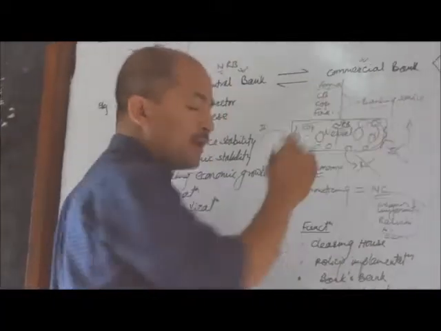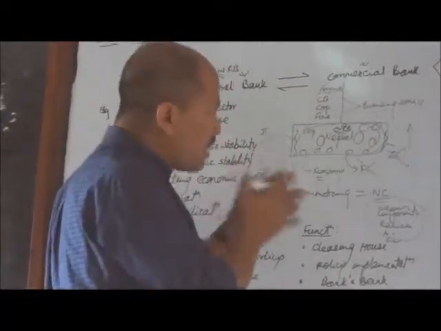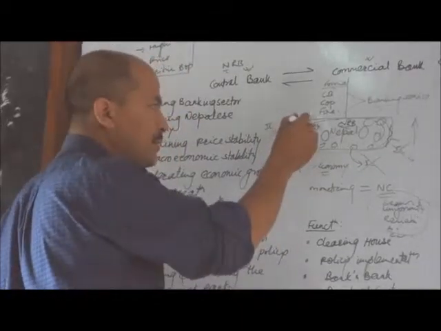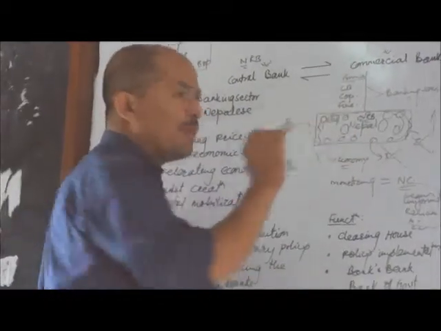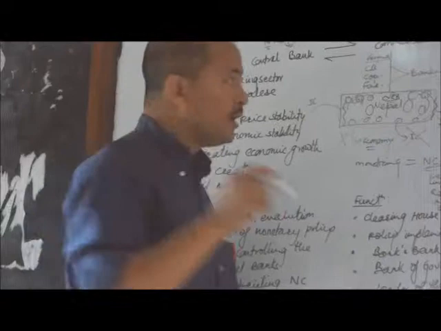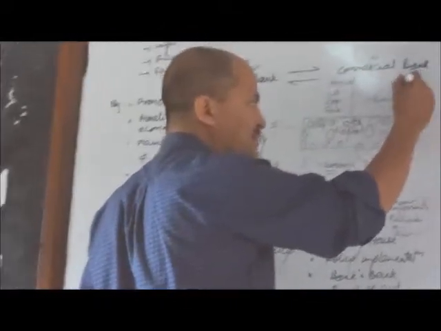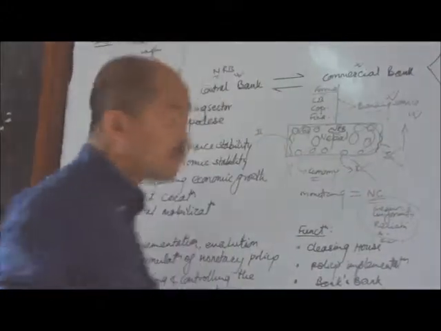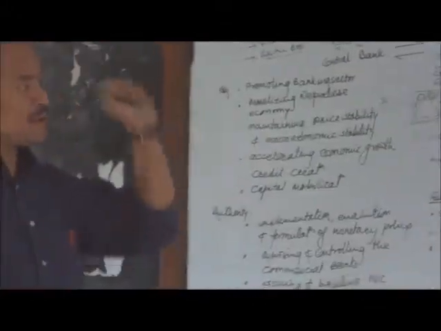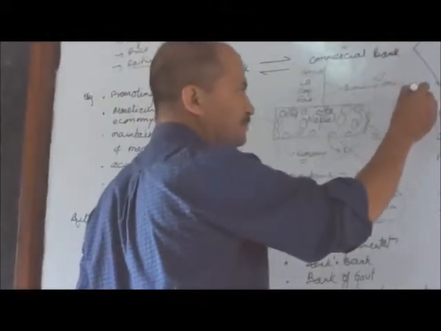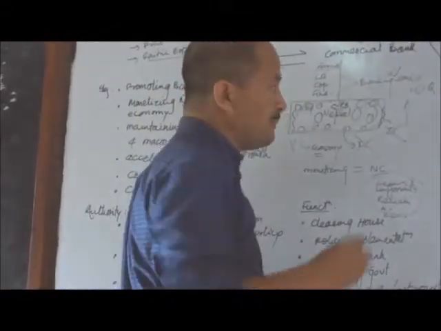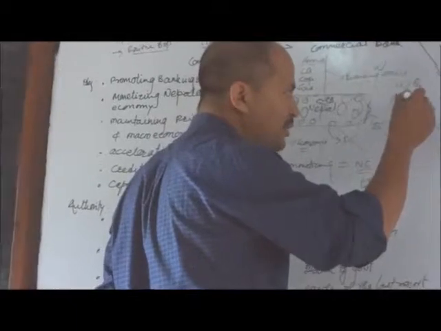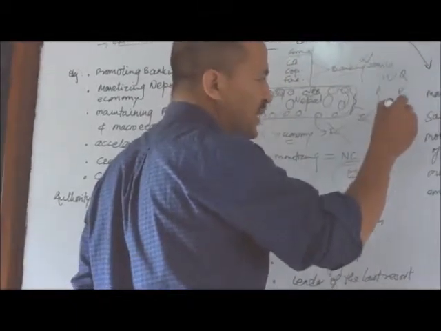Means Nepal Rastra Bank has to bring policies to establish commercial banks all over the country. First of all, to provide the banking service. Second, Nepal Rastra Bank should guide and instruct to provide quality service to the people, and also reliable and secure service.